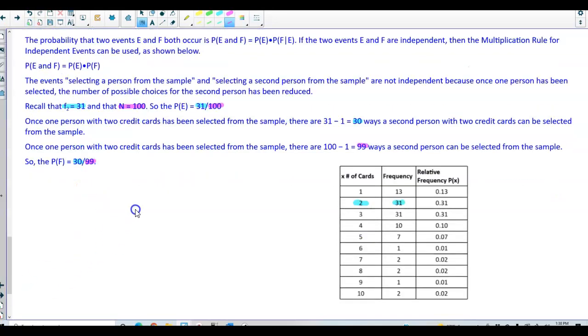So what we're going to do now is find the probability of E and F. Well, we know the probability of E is 31 over 100 times the probability of F, which is 30 over 99. So there are our values. We have 31 and 30, over 100 and over 99.